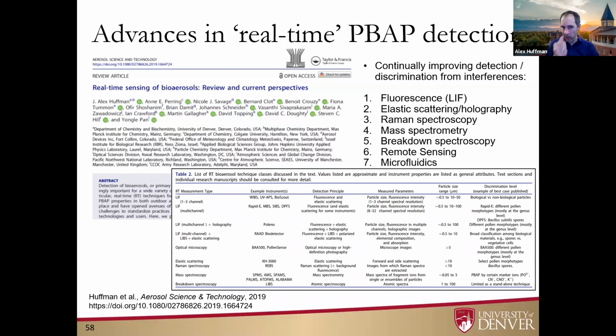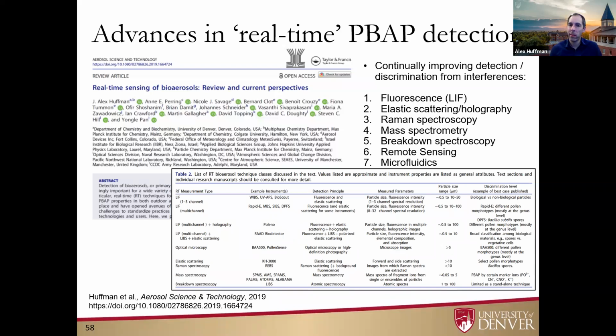This is a table that we put together in that same special issue in AS&T a few years ago. We broke it down into these 7 categories, and the table lists some of the properties, and then the paper goes into more detail, overviewing the different categories and giving lots of references. So if you're interested in real-time techniques, this is one of several places you can look.